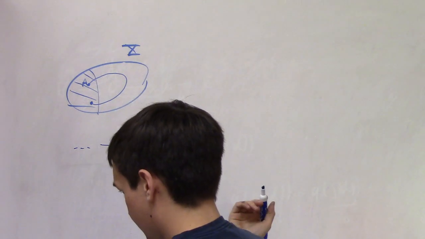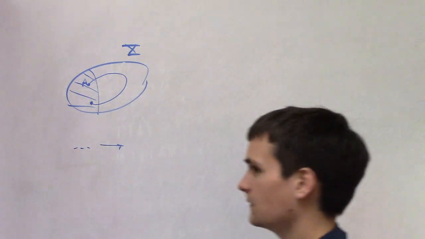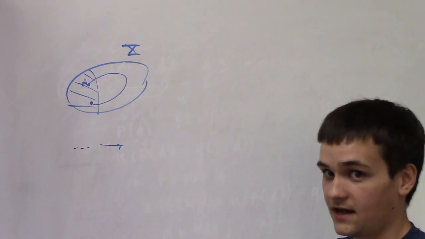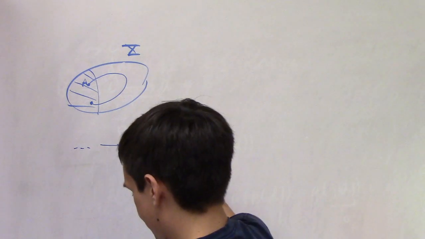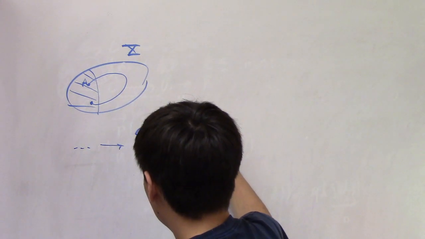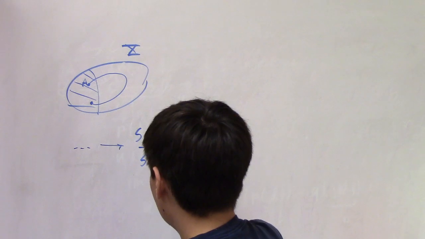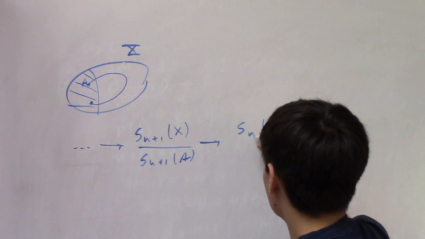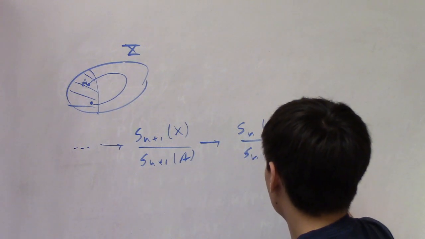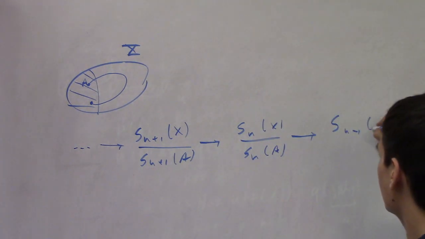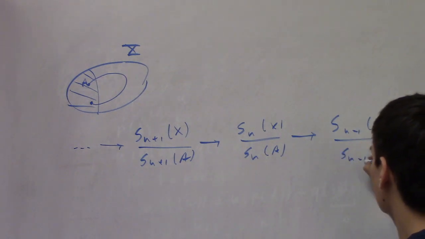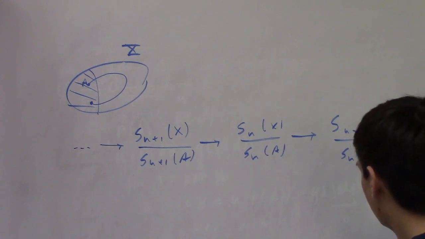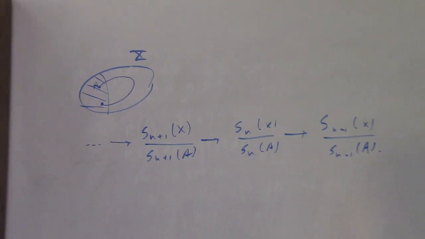So if we're quotienting the singular complex of X by the singular complex of A, what we get is S_{n+1}X over S_{n+1}A, S_nX over S_nA, S_{n-1}X over S_{n-1}A. You're back on 99 now, I think. Yeah, that picture was from the future.